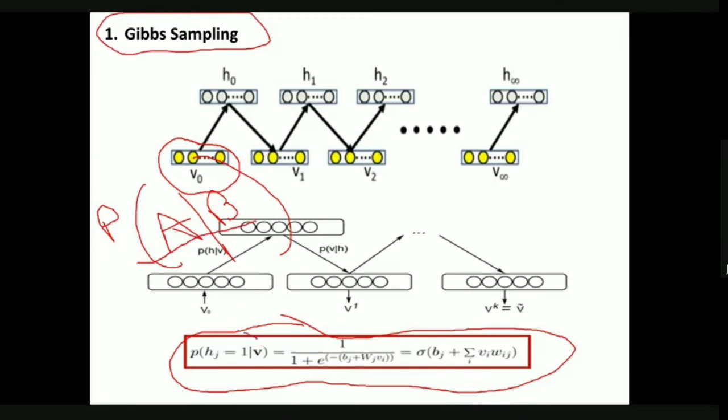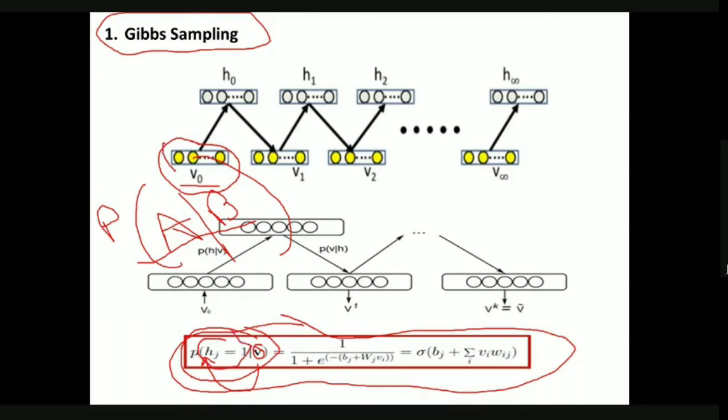The same follows here: P of Hj equal to 1 given V, that is, given the input vector V. Given the input vector V, we are trying to find the value of the hidden vector.